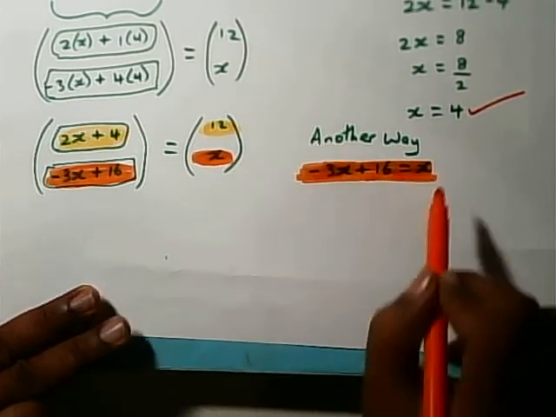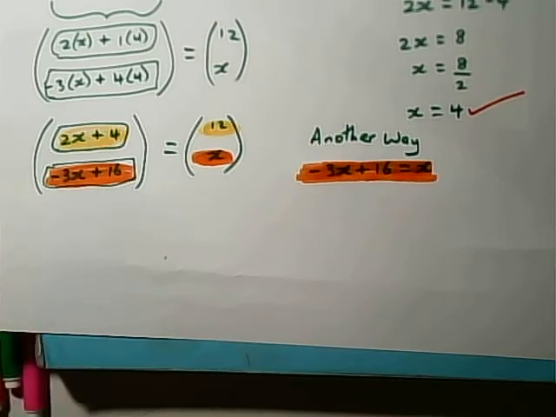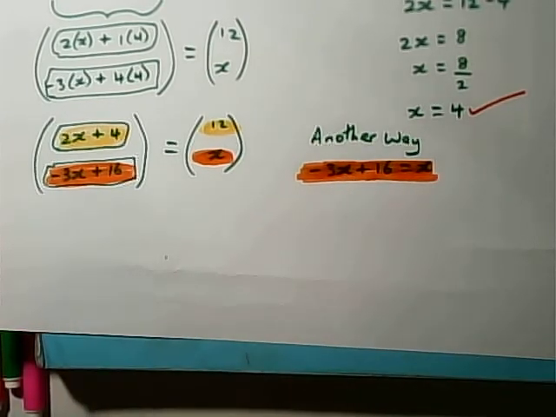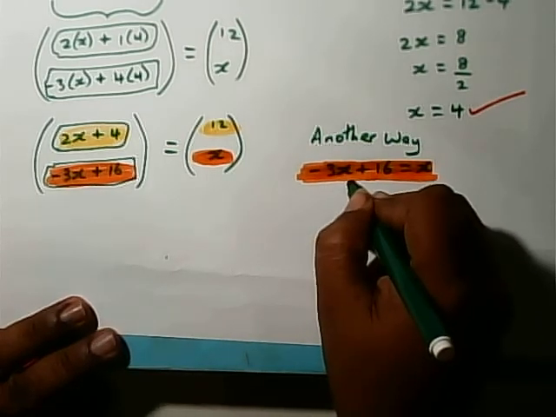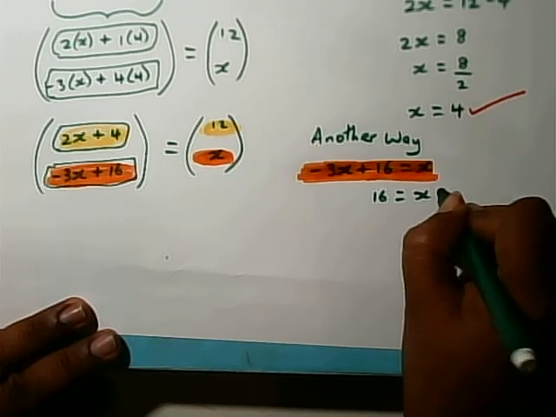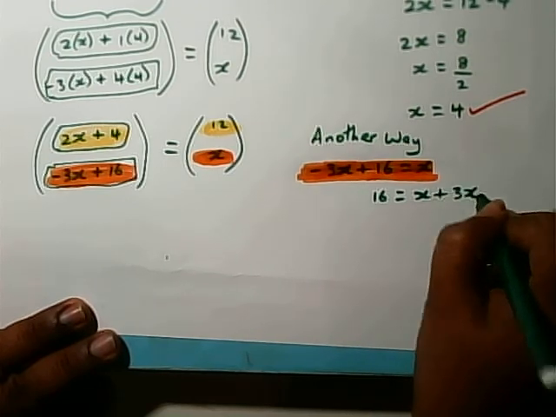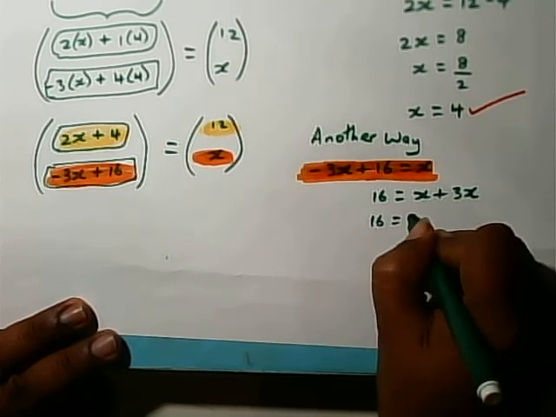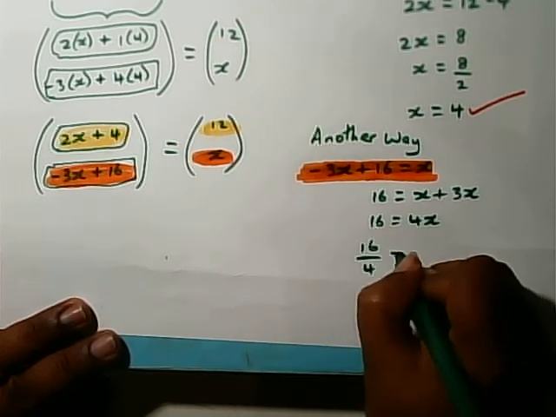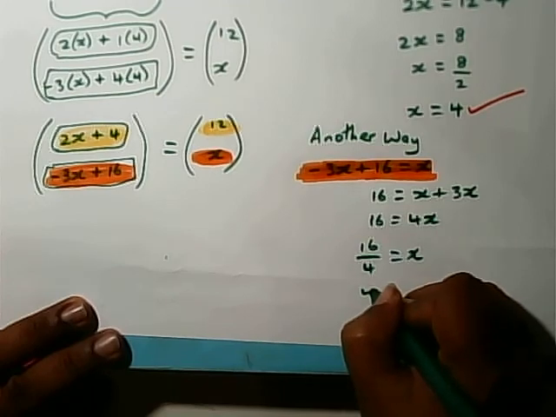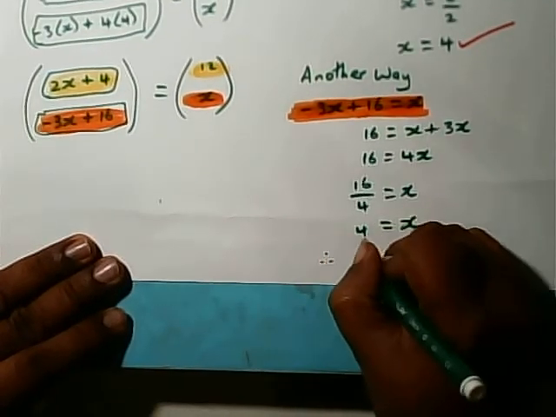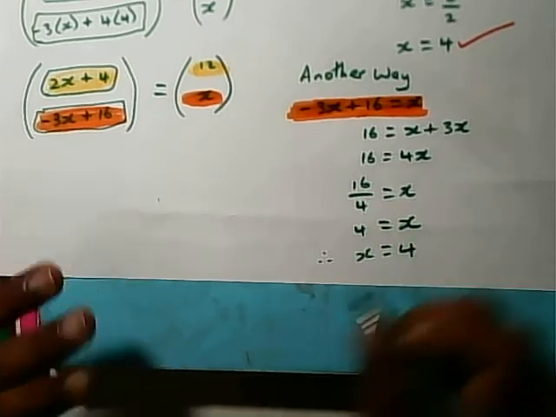Let's try and solve this. Do we have only one letter? As long as you have only one letter, we could solve for it. Let's take the minus 3x and carry it across. So we have 16 is equal to x plus 3x. 16 is equal to 4x. 16 over 4 is equal to x. 4 is equal to x. Therefore, x is equal to 4.